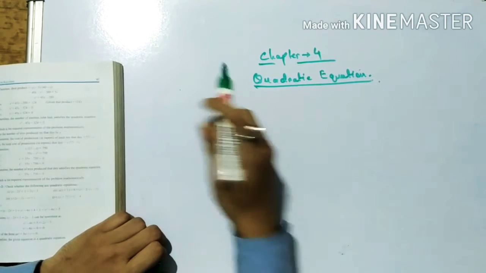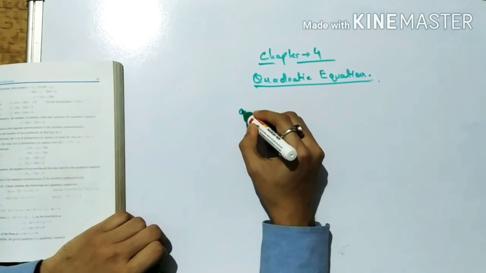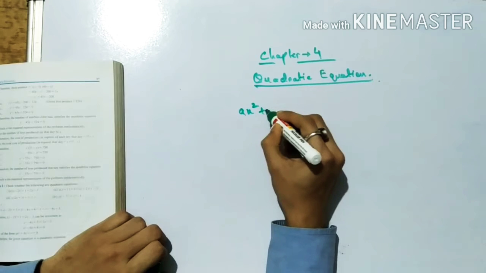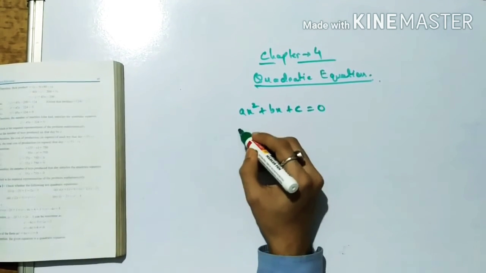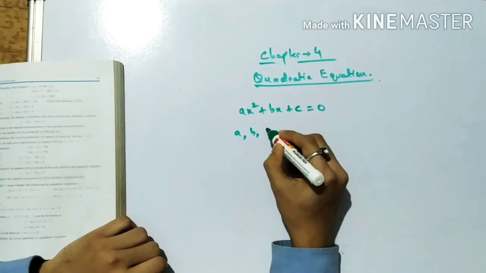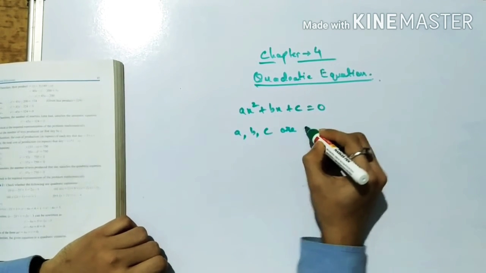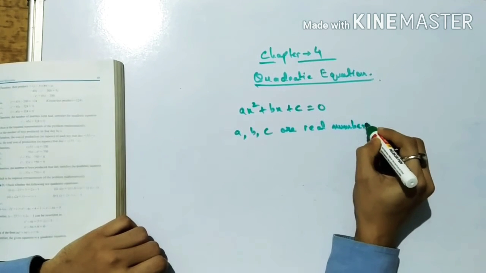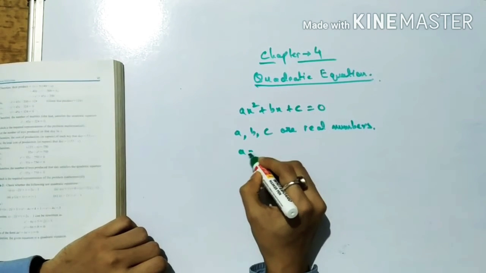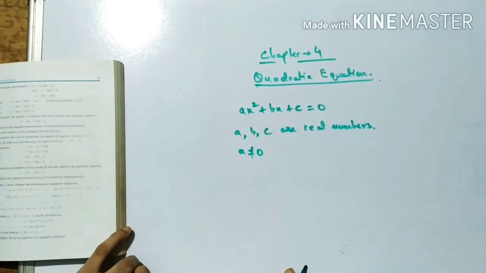Okay, so a quadratic equation is of the form ax square plus bx plus c equals 0, where a, b, c are real numbers and a not equal to 0.